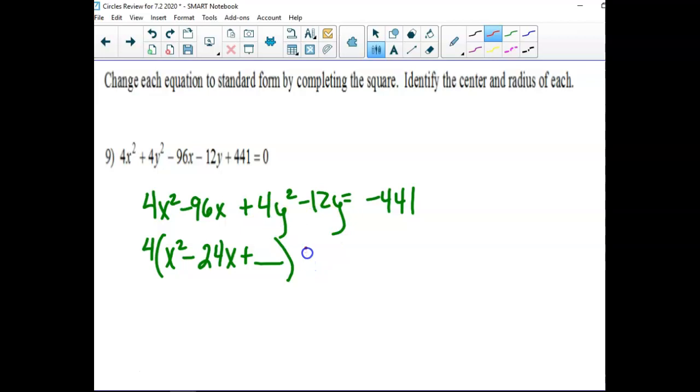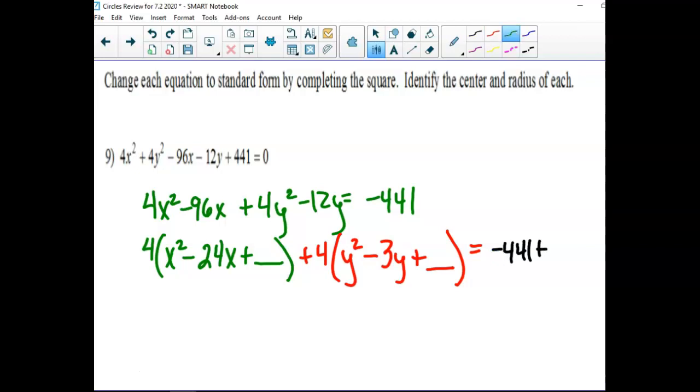Now the y's, I'm also going to take out a 4, and be careful, minus 3y plus blank equals, and then over here I have the negative 441 plus a green blank and a red blank.